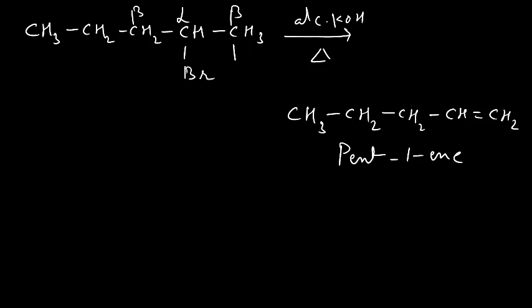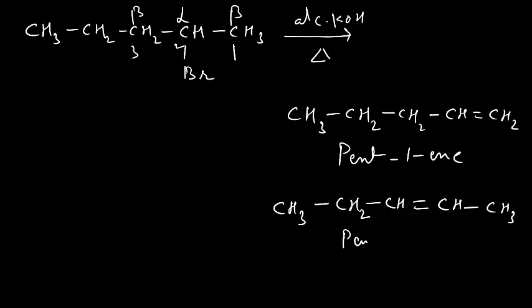Suppose the hydrogen atom is removed from the third carbon, this is the first carbon, second carbon and the third carbon. Then we get CH3, CH2, CH, double bond CH, CH3. What is this substance? This substance is pent-2-ene. The double bond is present on the second carbon.